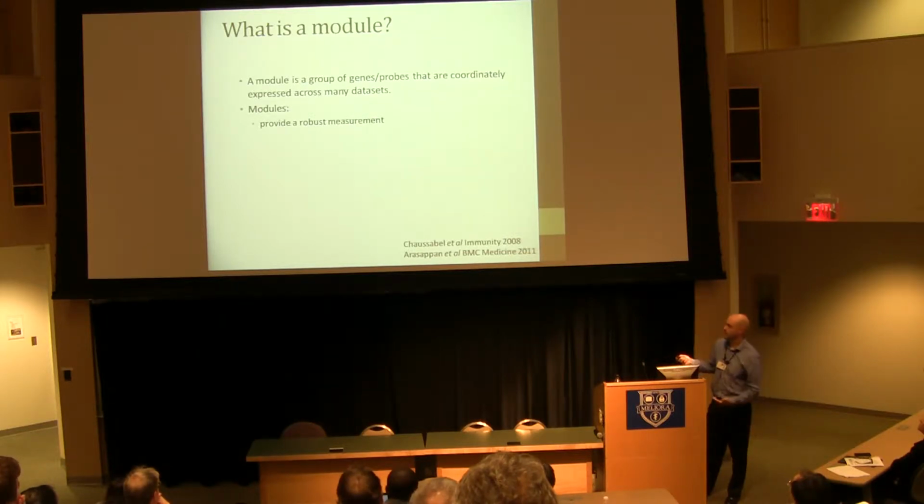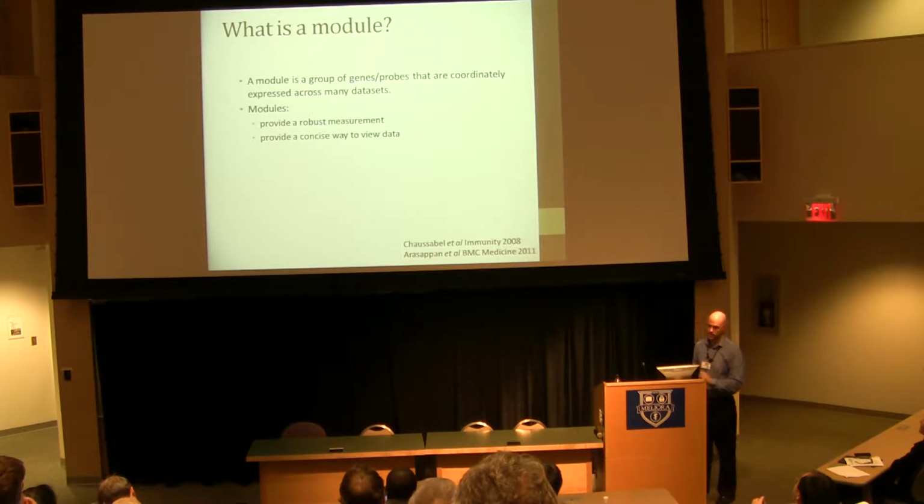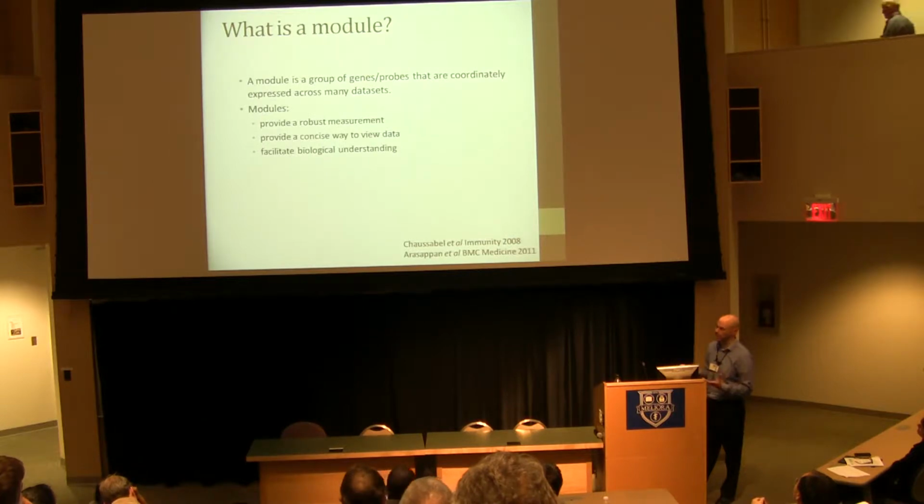And some nice side effects of this, usually side effects aren't nice, you get to view the data a lot more concisely. Instead of looking at tens of thousands of probes, we look at hundreds of modules, which is much easier to look at. And then you can easily have some biological information associated with those modules.